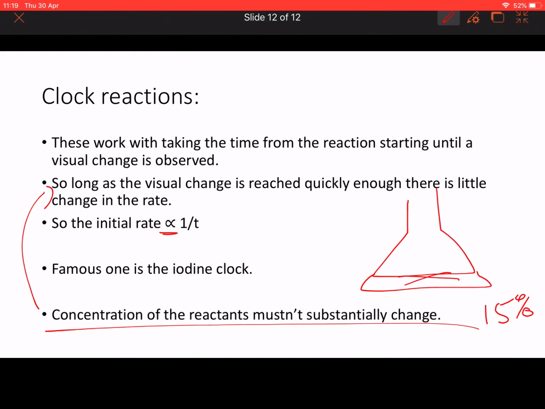So long as your concentrations haven't changed a lot, your rate won't have changed a lot, and it's a pretty good estimation of what the initial rate was. If you let it go too long, it all stops working. But if you do it so that you've got a short enough time, then it will work. Okay?